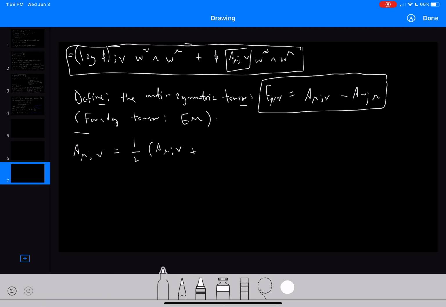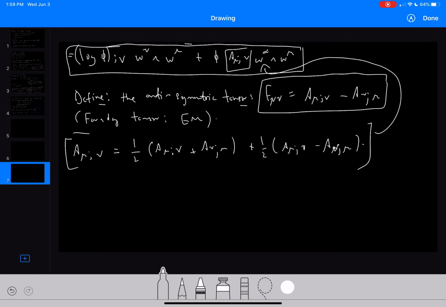So this is going to be 1/2 A mu semicolon nu plus A nu semicolon mu, plus 1/2 A mu semicolon nu minus A nu semicolon mu. And in fact, what's going to happen now is if I take this way of decomposing a tensor into its symmetric and anti-symmetric parts and substitute it in here, it's going to be applied along the wedge product.